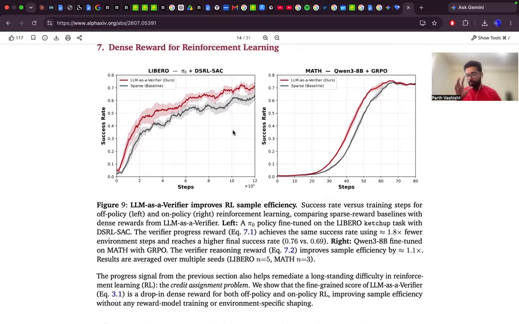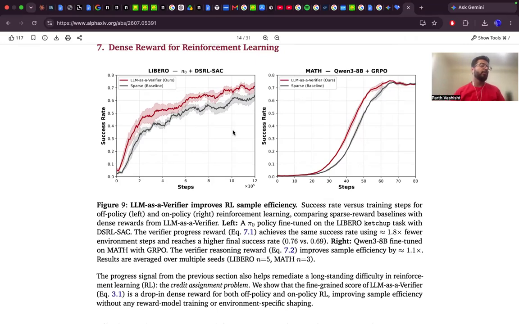Now, I know I am jumping across multiple things really quickly because these are more experiments and how they did it. To understand how you could formulate dense reward for reinforcement learning, you have a rollout. And in the previous section, we discussed how we can verify certain trajectories because there was a certain correlation.